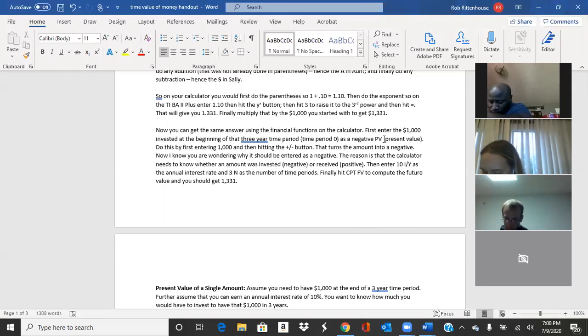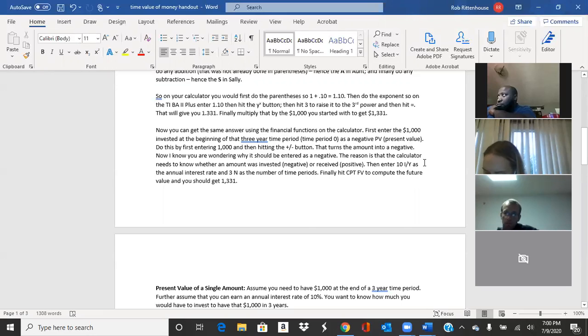Now, why should it be negative? As I state in this little handout, it's because the calculator needs to know whether an amount was invested or paid out, which would be a negative, or received, which would be a positive.